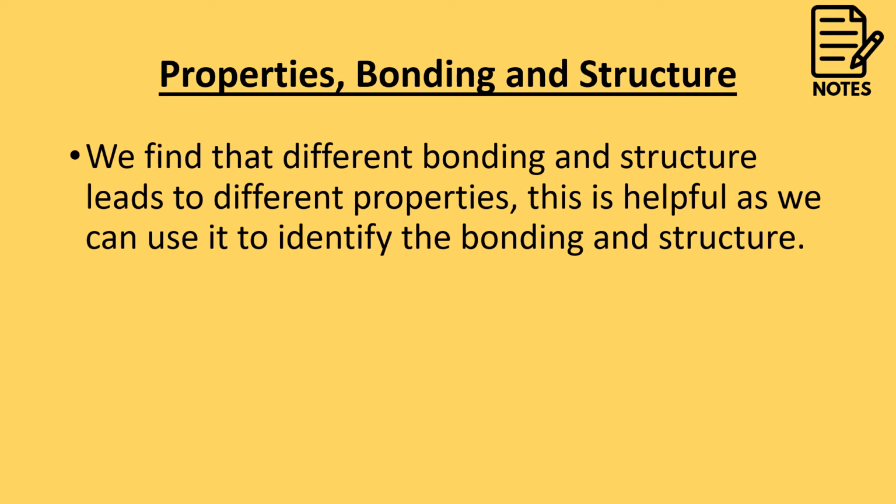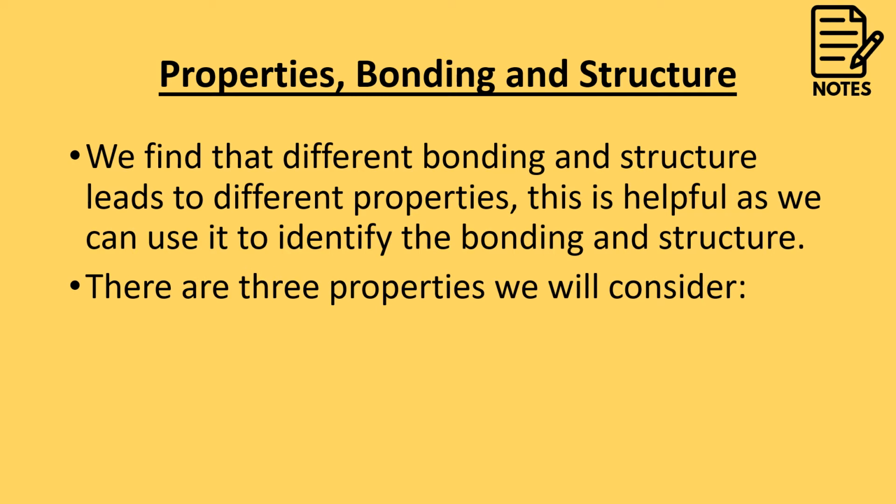Firstly, we would want to know, is it covalent or is it ionic? So we identify the bonding. Once we know the bonding, if it's ionic, we know that it's going to be a lattice shape, so that's its structure. But if it's covalent, we want to know, is it a covalent molecular or a covalent network? The way we do that is by considering three different properties.